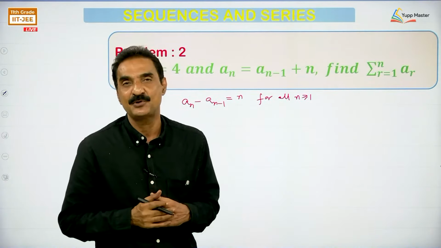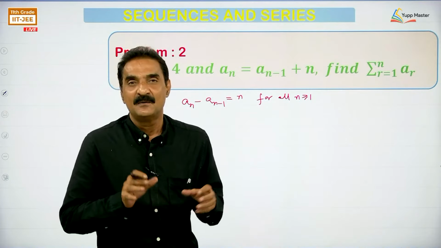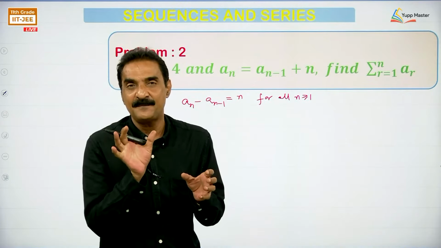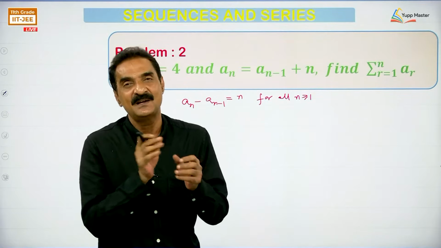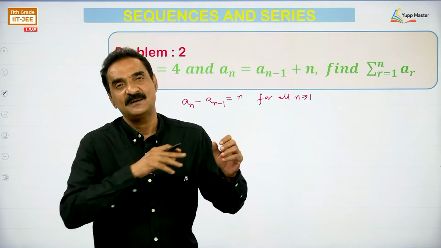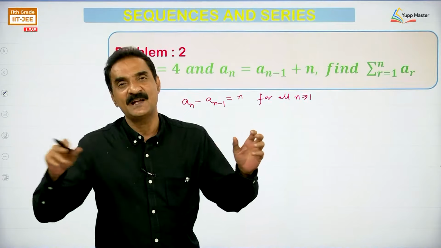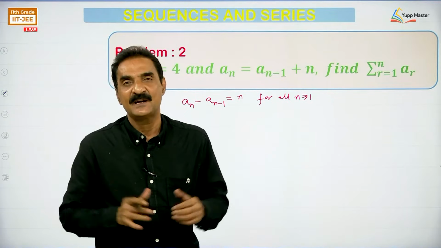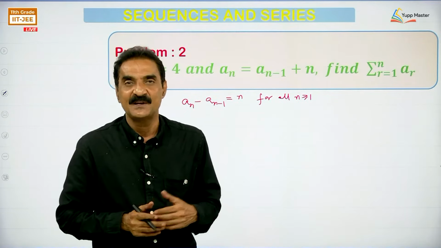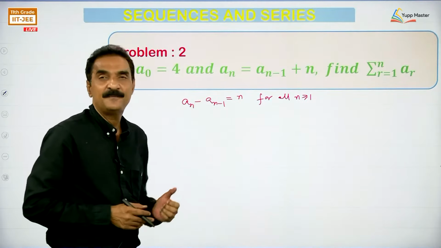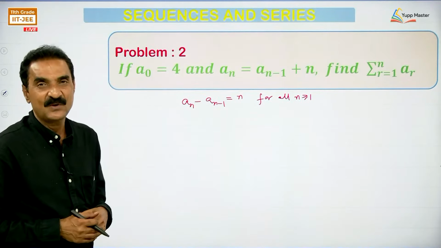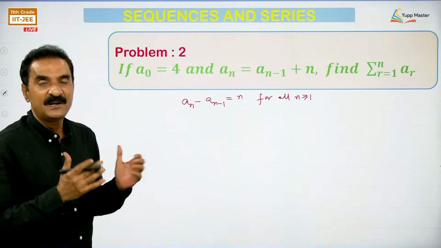Already we have discussed telescoping sum. We will write the terms in the form of un minus un minus 1, and on expansion the middle terms will be cancelled. Then you will get the sum of the telescoping series. Since this is in the form of un minus un minus 1, we can apply the telescoping series method.